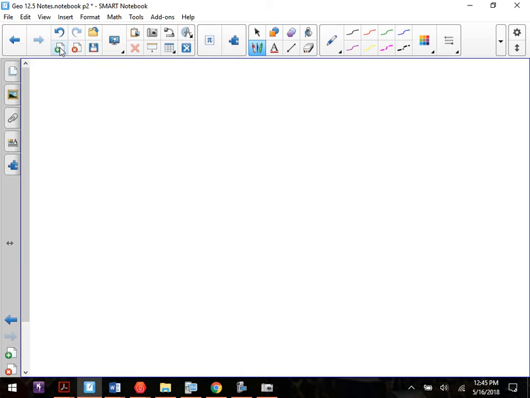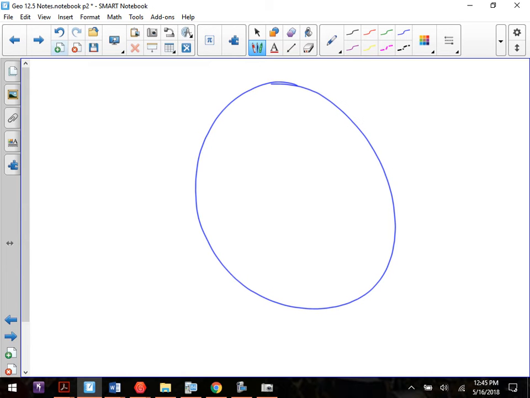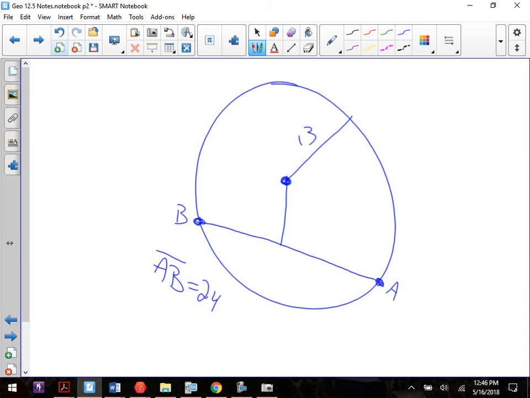Let me show you. Remember that problem? When we did ones like this, we obviously had right triangles, which means we had to use what?